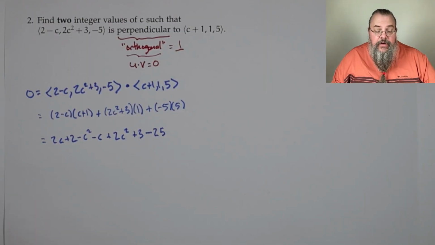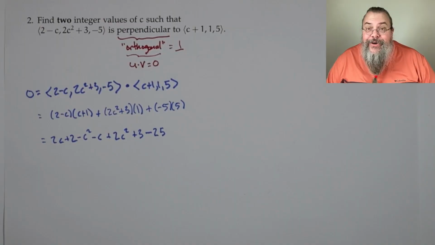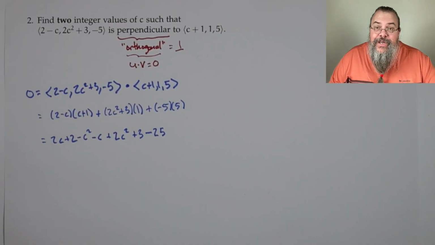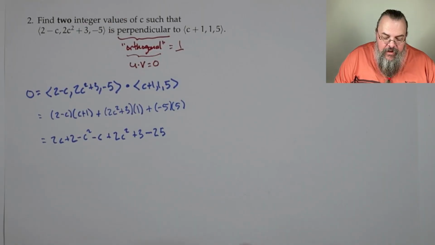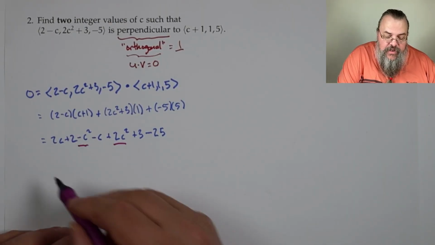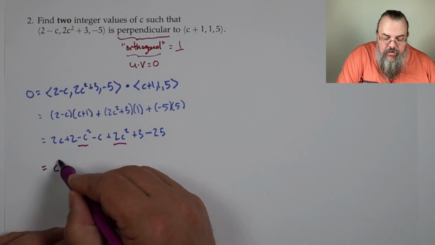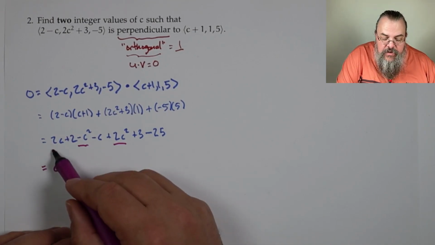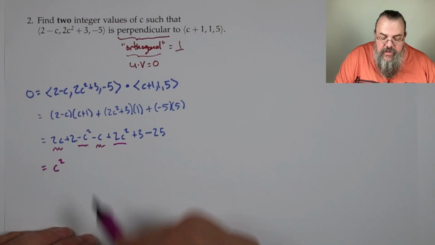Okay, now we enter into our hunter-gatherer type phase, right? We're hunting for our powers of c. We're going to gather them together. So for c squared, there's a 2c squared and a minus c squared. So, okay, c squared. For the c's, there's a 2c and there's a minus c.